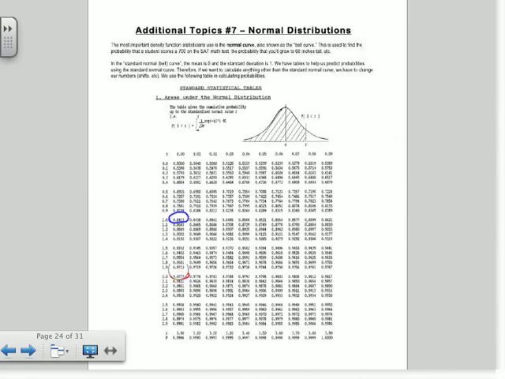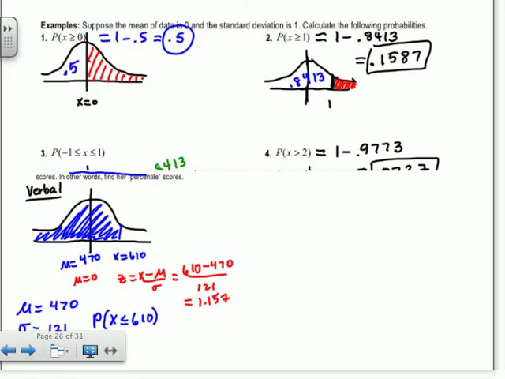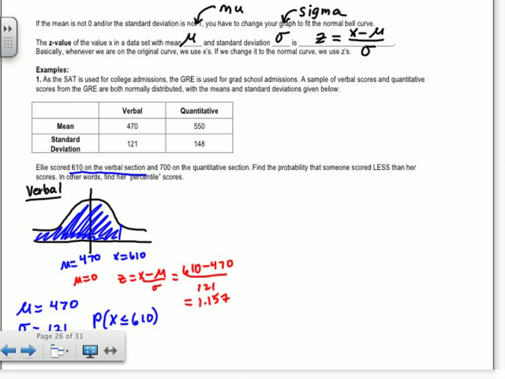Okay, now on our chart, let's go back to our chart. If that's our z-score, I go all the way down to 1.1 along here, down to right about there. Okay, but then what's my next digit, if I only had 2 decimals? 1.16, right?